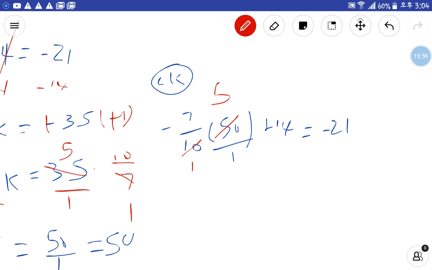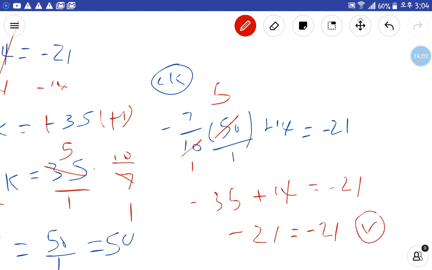Negative 7 times 5 is negative 35. Plus 14 should be the same as negative 21. Since 35 has a negative and 14 does not, they are subtracting. And then you have to attach the bigger number's sign. 35 minus 14 becomes 21. And then you attach the bigger number's sign, which is negative 21. You can check that they are exactly the same.